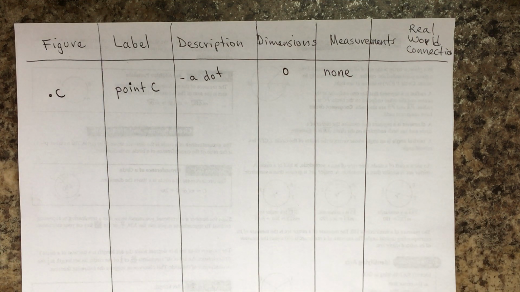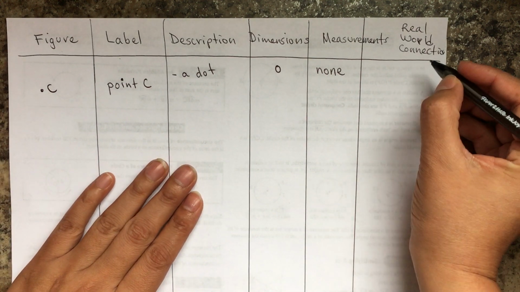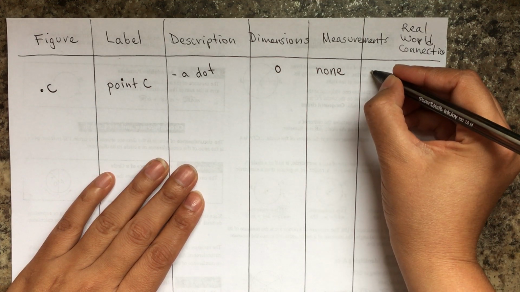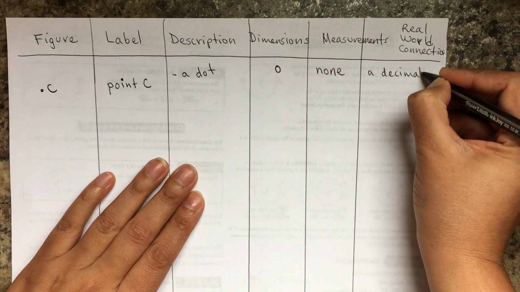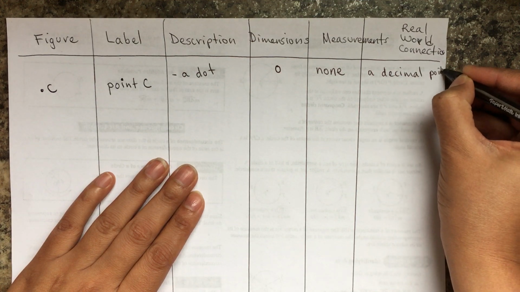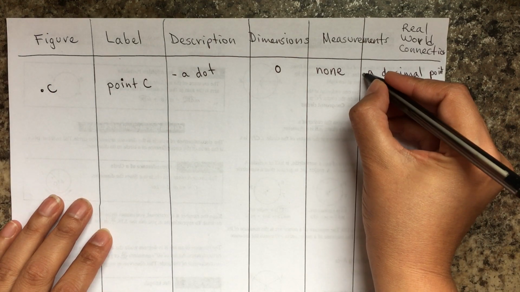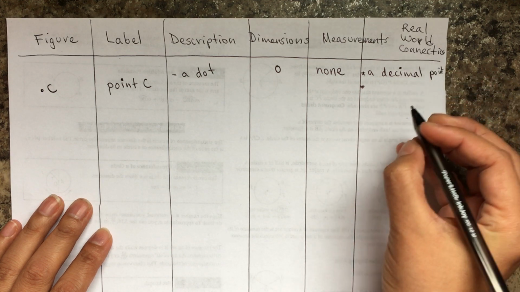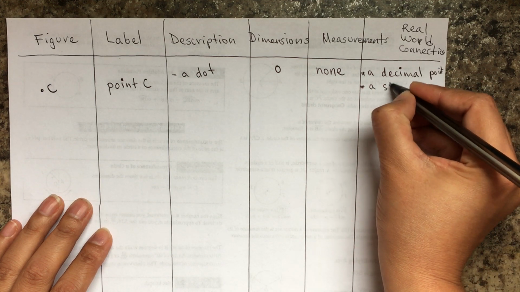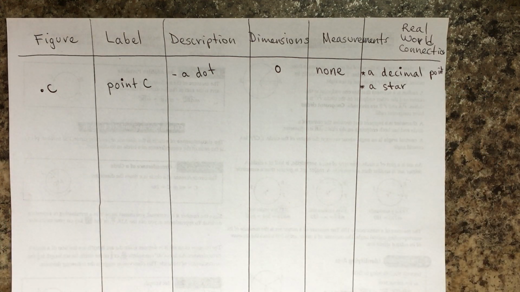And some real world connections, I'm going to give you some examples that my students gave me in class. They said a decimal point, a star, like if we think of space, a star would be a point.